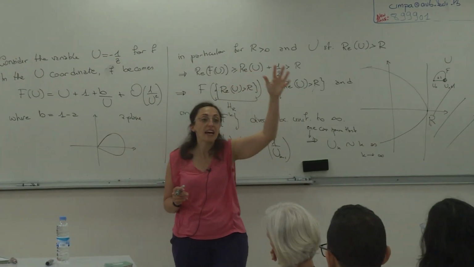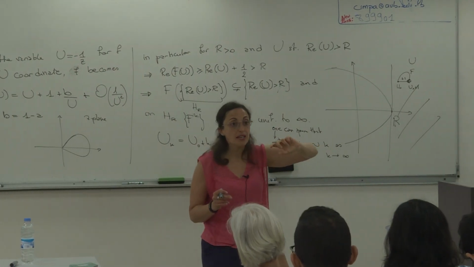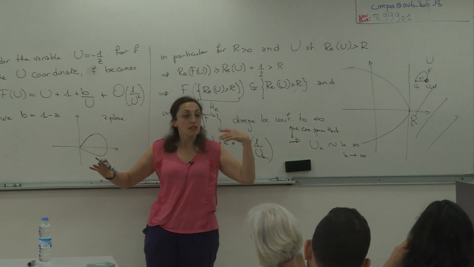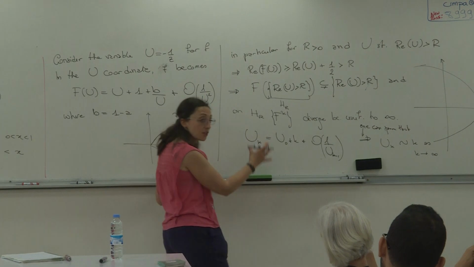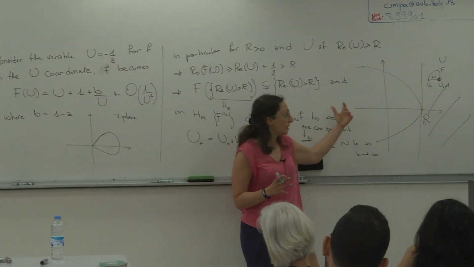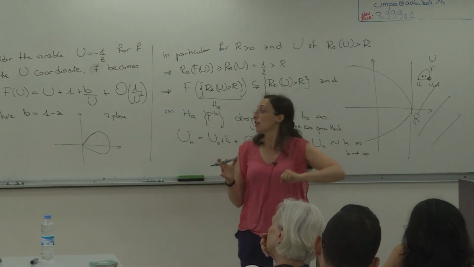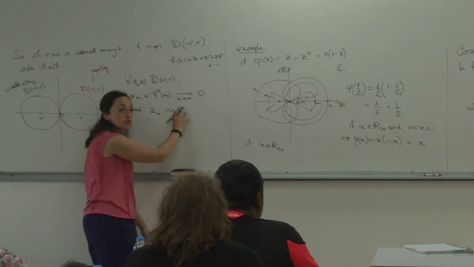If we had had z plus z cubed or z minus z cubed, then you would have needed to use 1 over z to the power 2, which means that you have a branch covering. You're still going to be able to prove the same result, but the rate of convergence is going to change.